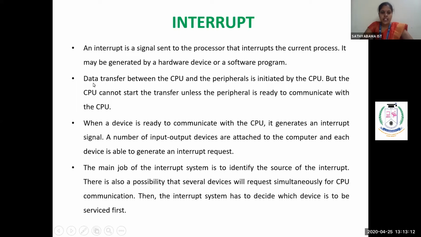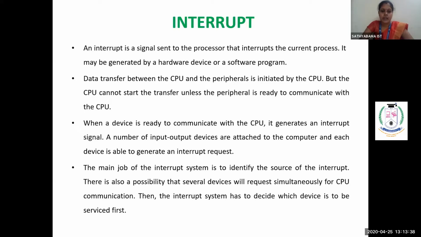Next, data transfer between the CPU and the peripherals is initiated by the CPU, but the CPU cannot start the transfer unless the peripheral is ready to communicate with the CPU. So what is meant by that? Suppose the CPU is executing one program, and suddenly an interrupt comes from the peripherals.